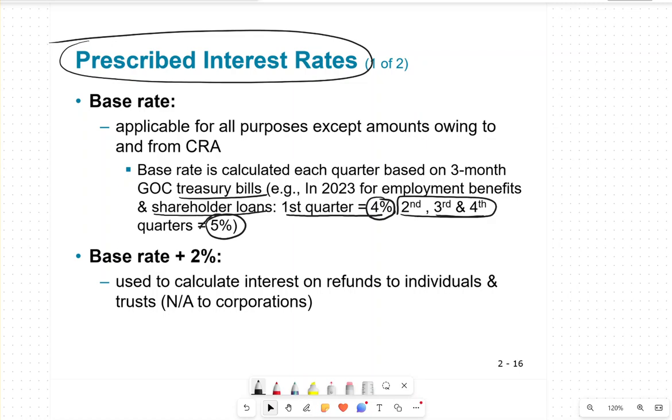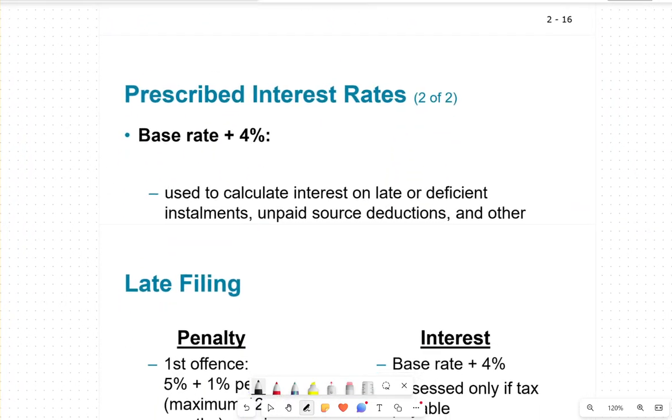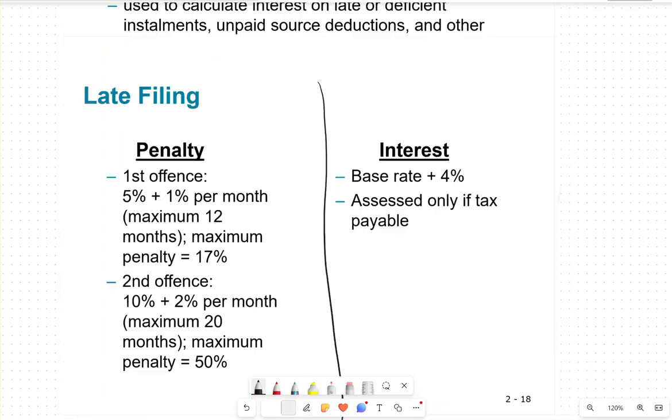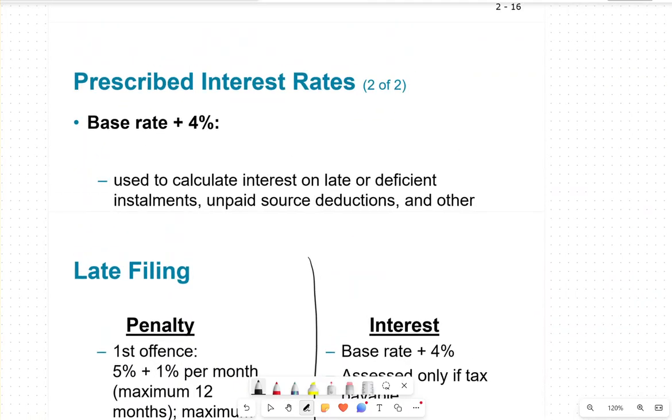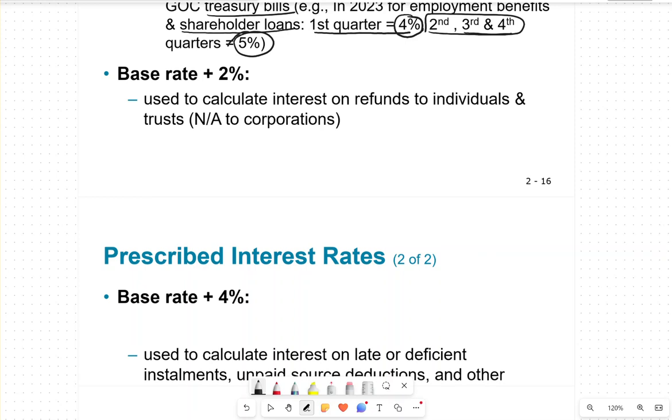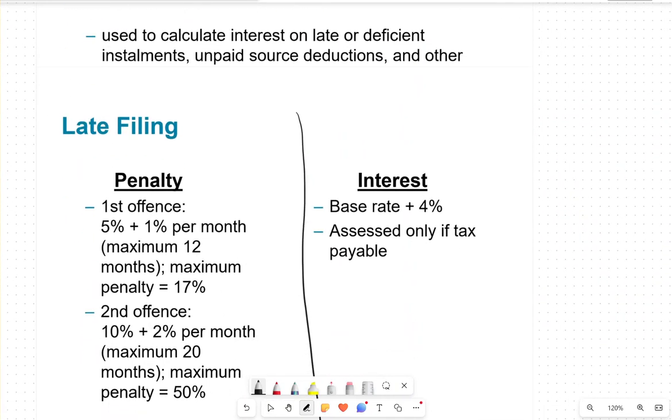This is more important. This is where the rates come from. The prescribed rate also comes from there too. If it's first quarter, you're going to pay them 4%. Second, third, and fourth quarter, you're going to pay them 5%.